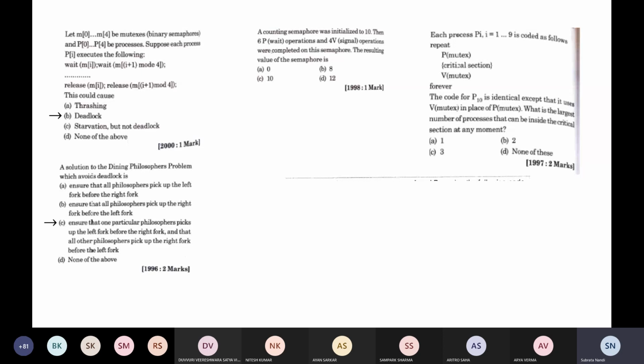What is the initial state of this mutex? If we assume that it is switched off, signaled off, then P mutex will ensure that all the processes 1 to 9 are waiting at that P mutex.